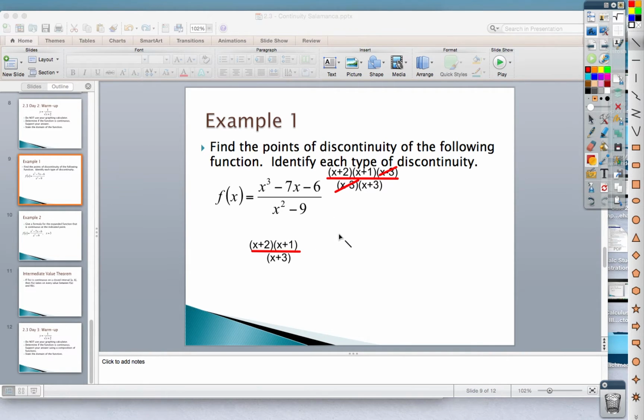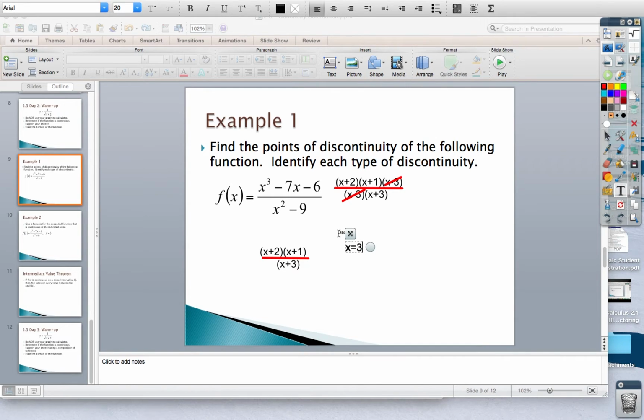We know at x equals 3, that's when we originally had x minus 3 on the denominator equals 0. When we solve it, we get x equals 3. This is a point of discontinuity, and this point of discontinuity is a removable point of discontinuity. Because we were able to cancel it out, it tells us that there's just merely a hole in the graph.